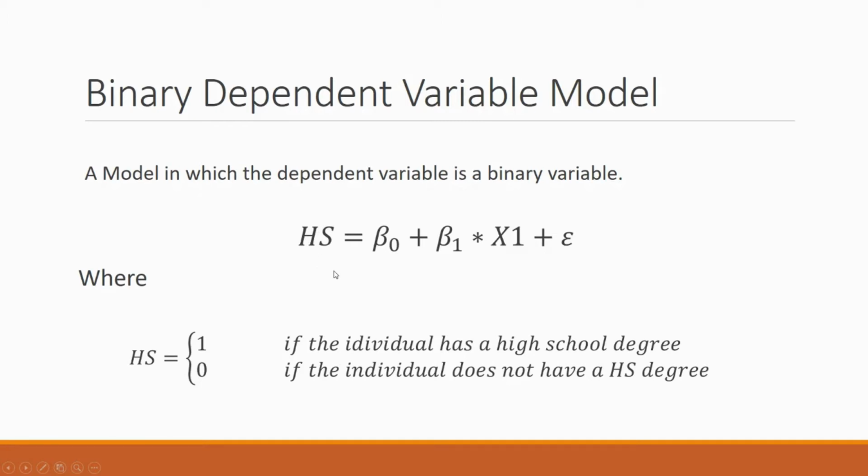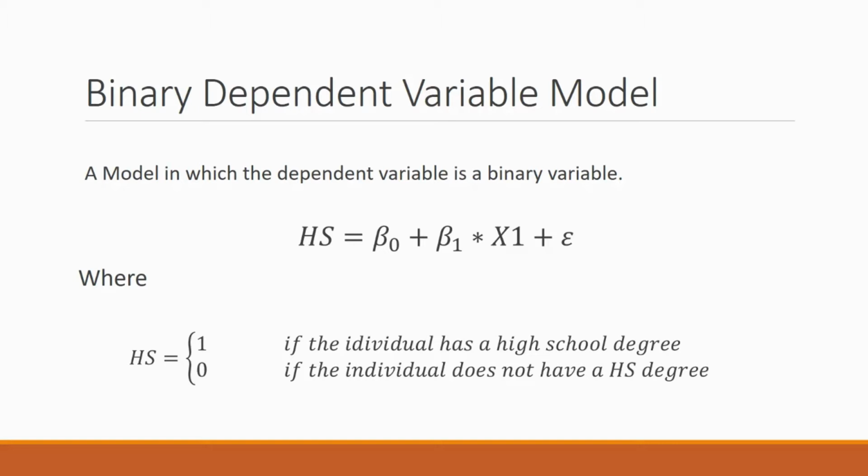If we pause for a second and think conceptually, why would we ever want to have a binary variable as a dependent variable? Why would we ever want to know this? Well, it's somewhat intuitive. We may very well want to know what factors influence whether or not an individual has a high school degree.